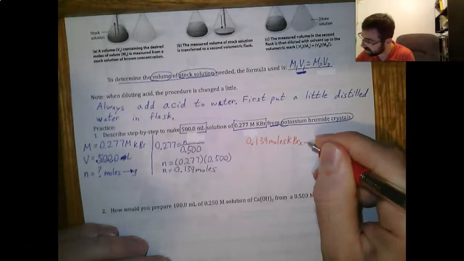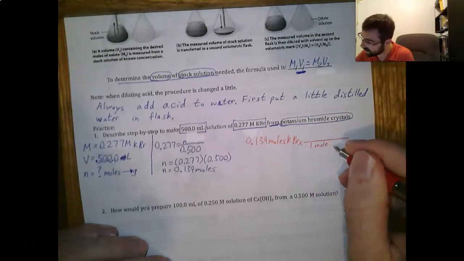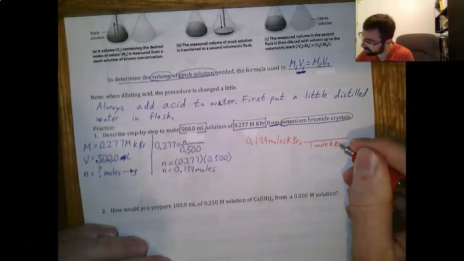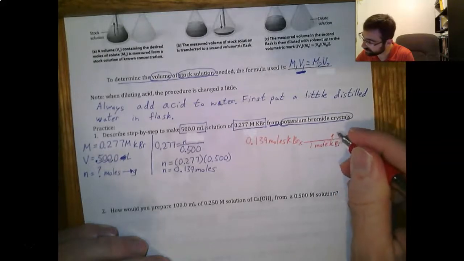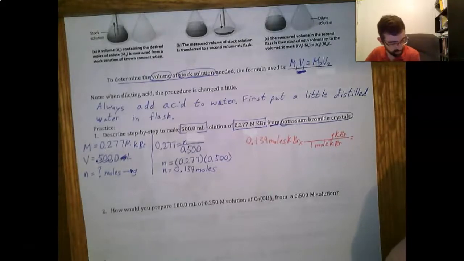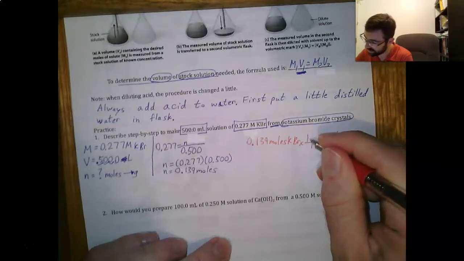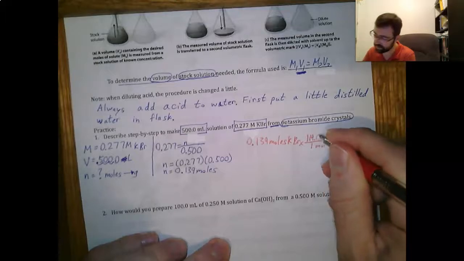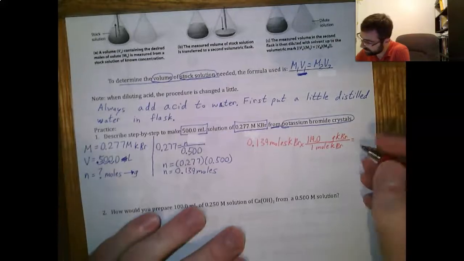I need to multiply so that I have 1 mole KBr on the bottom. And then on the top, I'm going to have grams of KBr. And the molar mass of KBr happens to be 119.0. We're very close to that, 119.0 grams. So when you put that in your calculator, you're going to get 16.5.